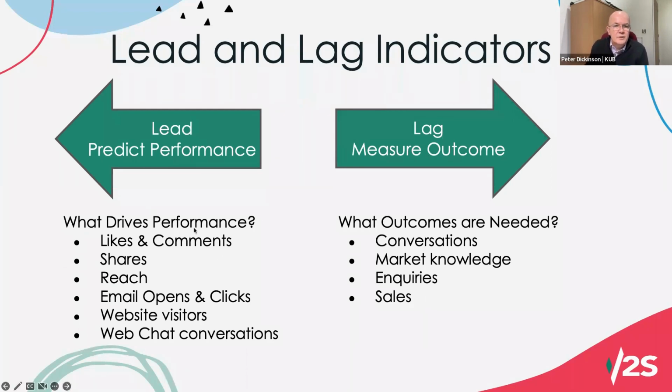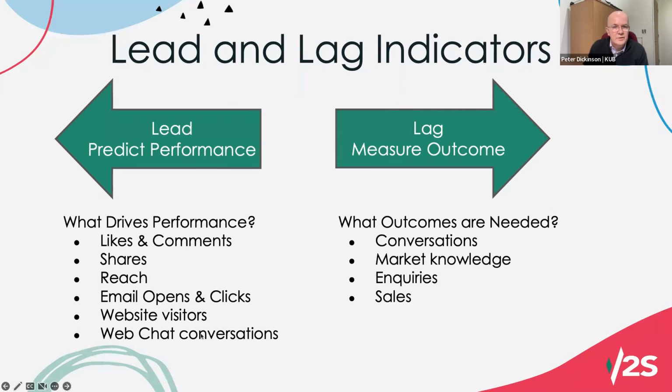And so the idea is to try and measure stuff right at the start. If you're not getting the likes, the comments, the shares, and on social media, the reach, then it's unlikely you're going to get the inquiries or the website visitors. So even with this list, there are some performance indicators that predict what you might get. If you're not getting the shares and the reach, then you're not going to get the website visitors, then you're not going to get the web chat conversions.